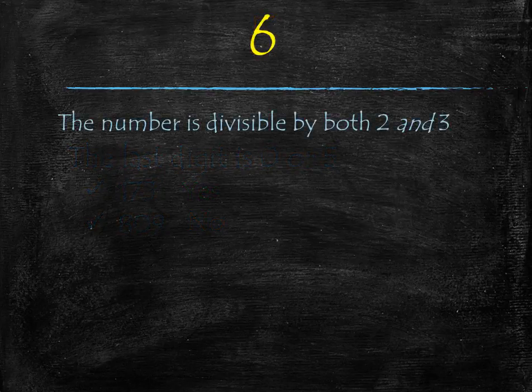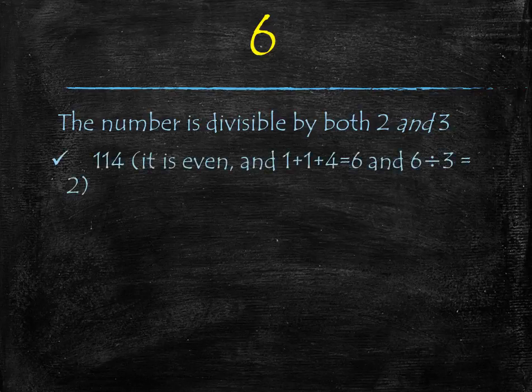Next comes 6. If a given number is divisible by both 3 and 2, then it will be divisible by 6. Now we know rules for 2 and 3, so we can quickly check for those two numbers. For example, 114.